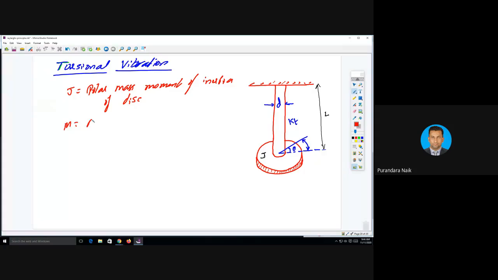M is the mass of the disk. W is the weight of the disk.